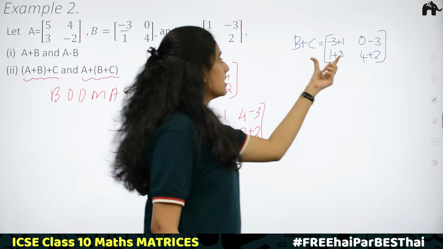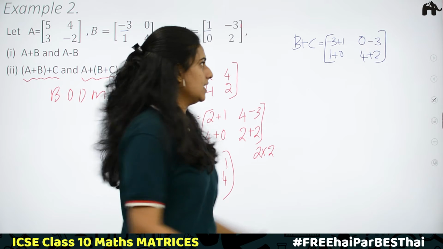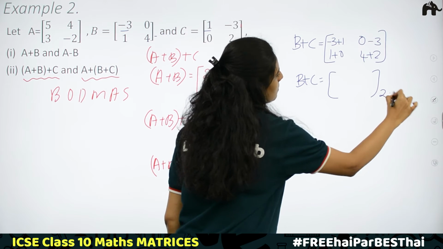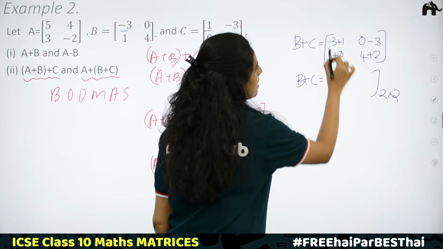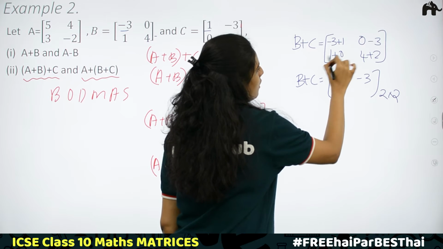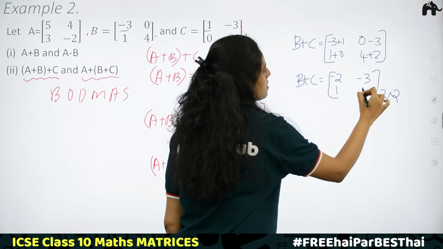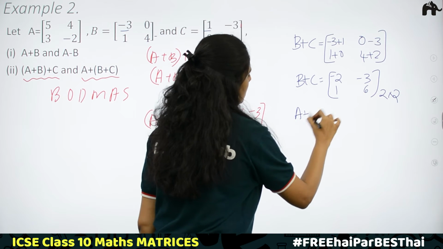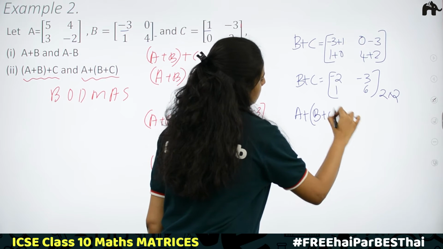We will be getting the elements of B plus C. B plus C is a 2 by 2 matrix. The elements are minus 3 plus 1, minus 2, 0 minus 3, minus 3, 1 plus 0, 1, 4 plus 2, 6.